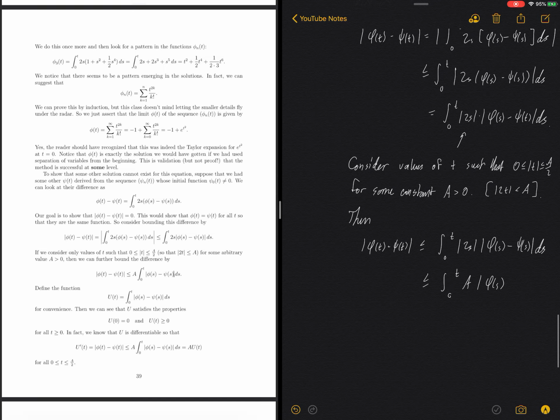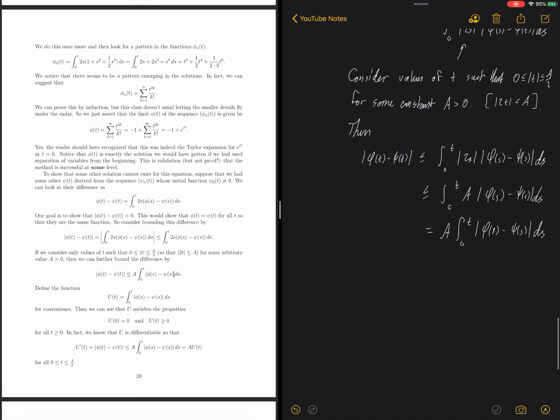And this 2s then is going to be no bigger than the a that we specified, a times phi of s minus psi of s. And I can go ahead and pull that a out. So this is a times the integral from 0 to t of the absolute value of phi of s minus psi of s, integrated ds. Okay, great. Why do I want that?